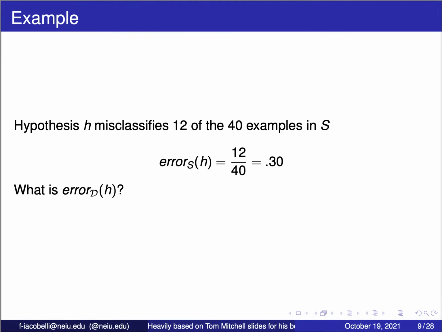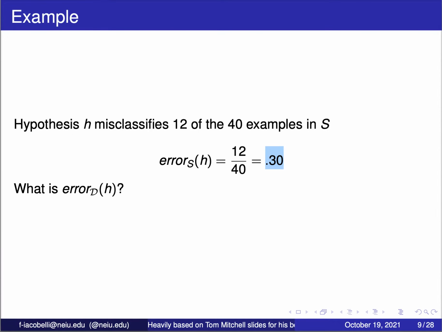Now, for example, if a hypothesis H, so a learner, right, misclassifies 12 out of the 40 examples in the test sample, we'll say that the error of the sample is 12 over 40 or 0.3, right? That would be the error of the sample that I tested. So it's not a hard computation.